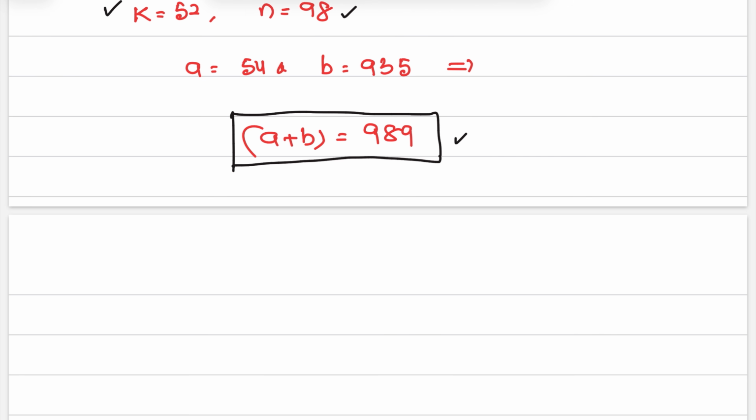And you can verify this solution also by applying different methods in algebra. And here what we have got is that we applied the principles of congruence, we applied the principles of Diophantine equation, and we applied the principles of integer optimization.